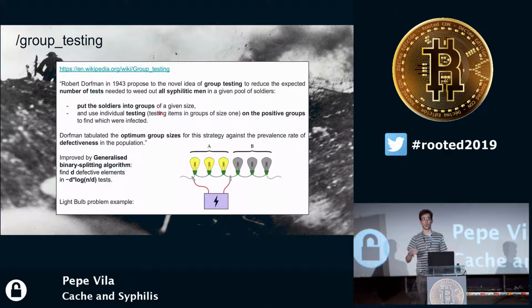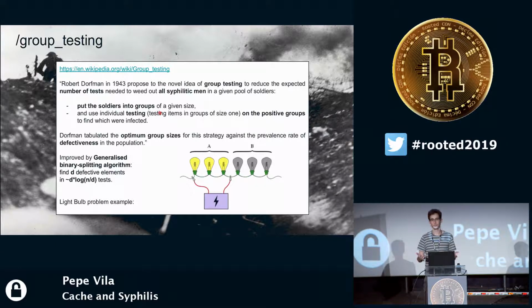The idea was you get a blood sample from each soldier and you analyze the sample. The problem is that if most soldiers are infected, this is an efficient process. But if most of them are okay, you're spending a lot and your approach is not efficient. At that time, testing was very expensive, so that wasn't okay.